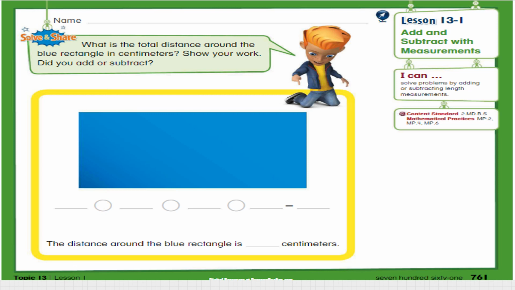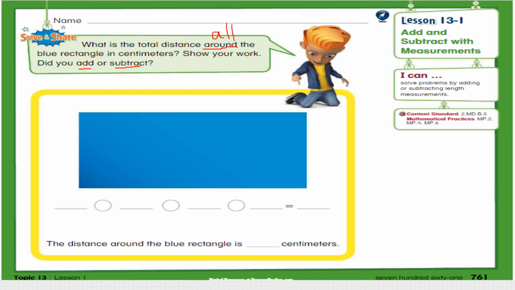So first of all, we have to decide whether we are going to add or subtract. If you look at the question, there is a keyword, around. We just discussed that when they are asking to measure around, it means, excellent, all the sides, right?